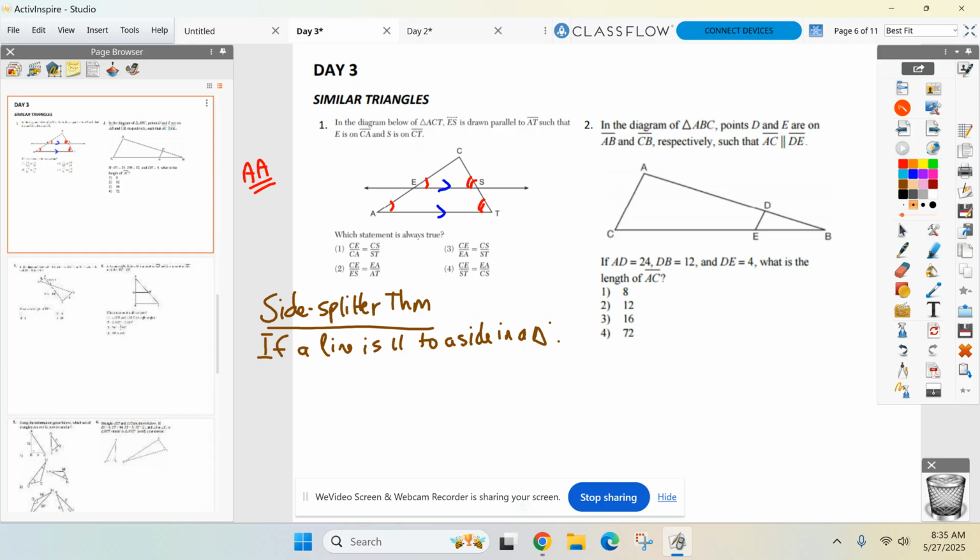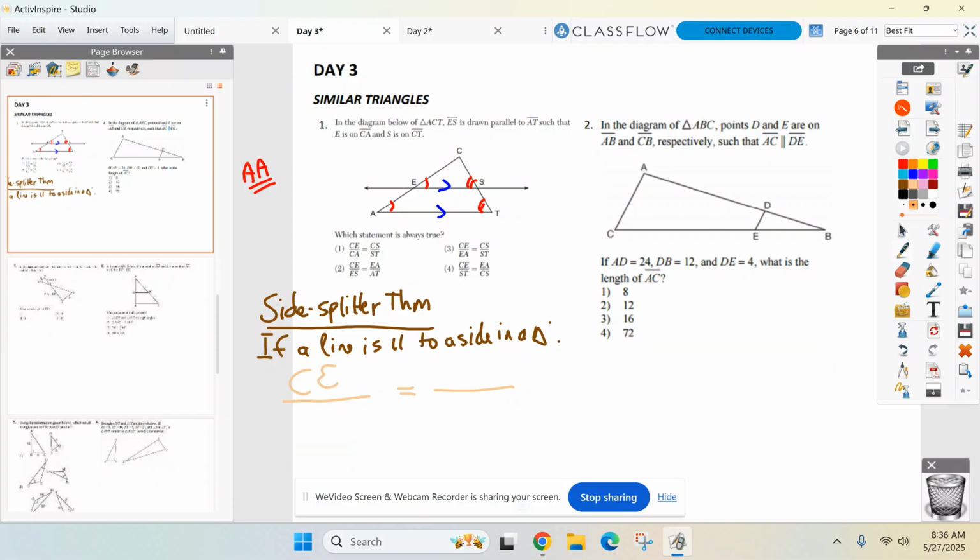I have ES parallel to side of a triangle AT. It creates a proportion with the other two sides of the triangle. So first, everyone see I have ES parallel to a third side of the triangle. It splits the other two sides in proportion.